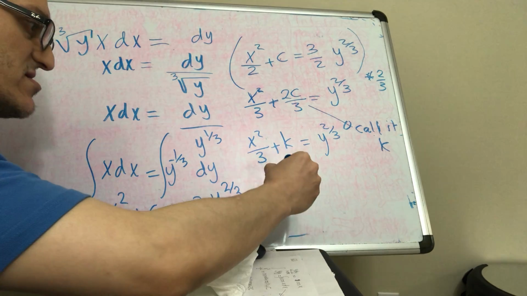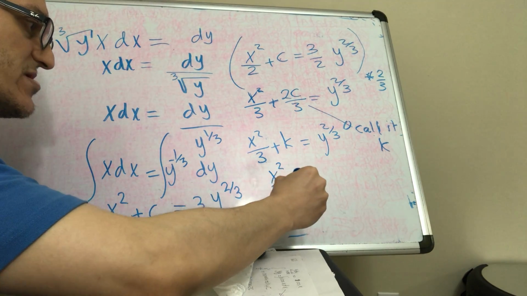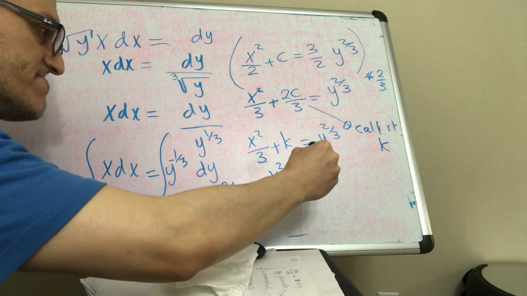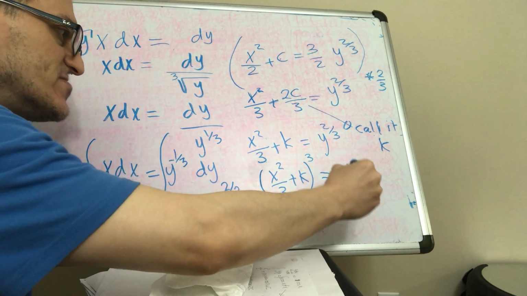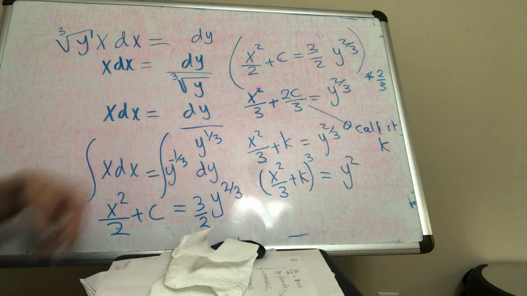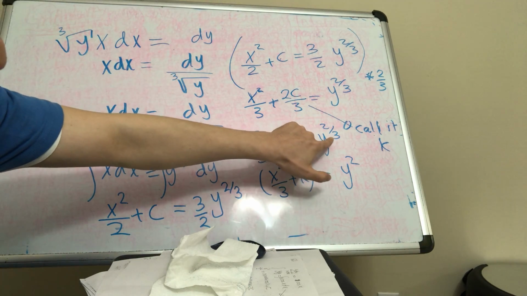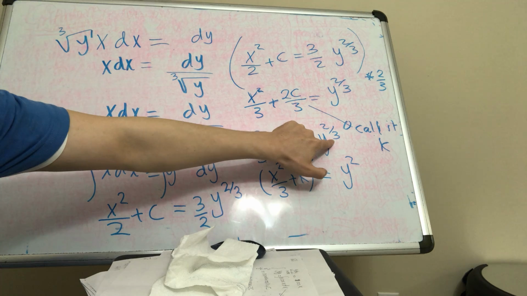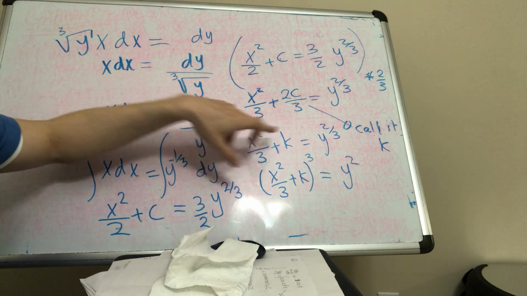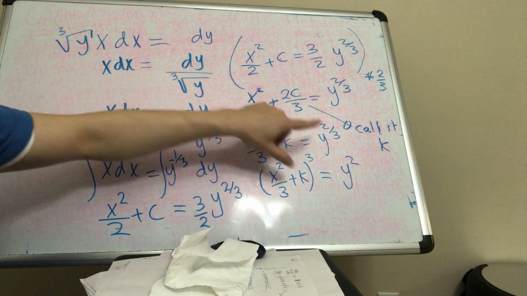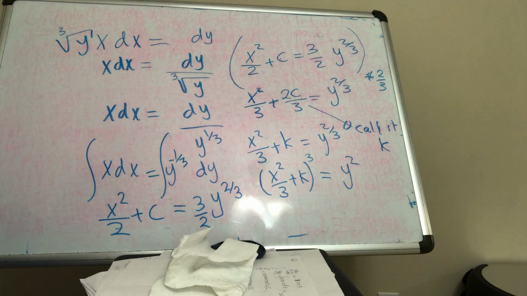So it becomes x squared over 3 plus k cubed, and that leaves me with y squared. So when you have a fraction exponent, always get rid of the bottom number first. And if it's 3, cube. If it's 4, to the power 4. If it's 5, to the power 5.